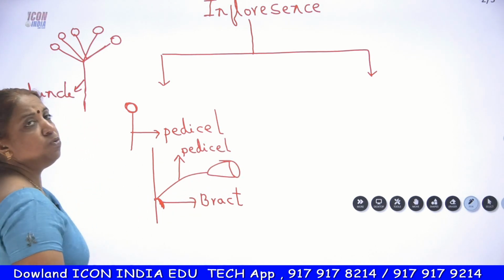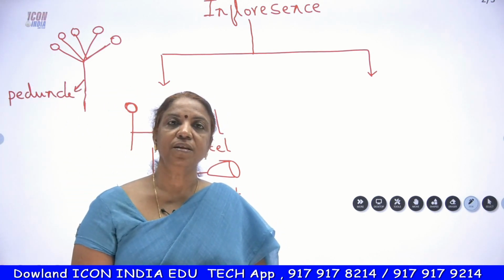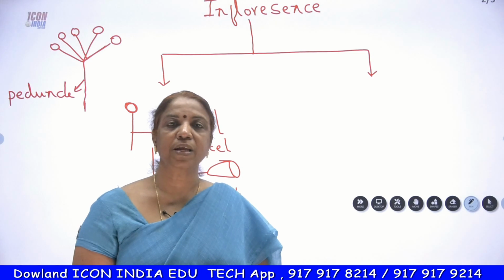So we should know that the stalk of the flower is called pedicel, and the stalk of the inflorescence is called peduncle.